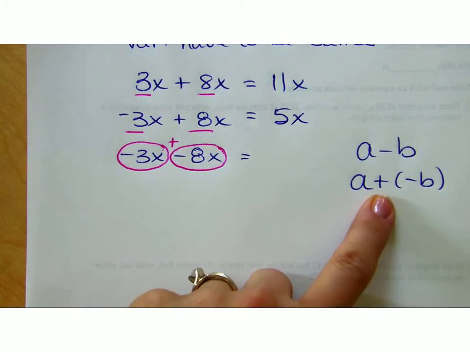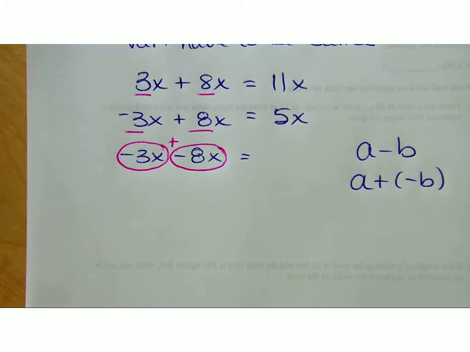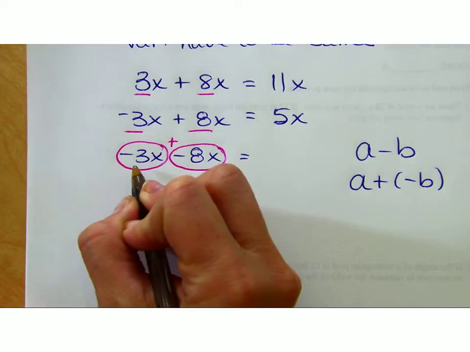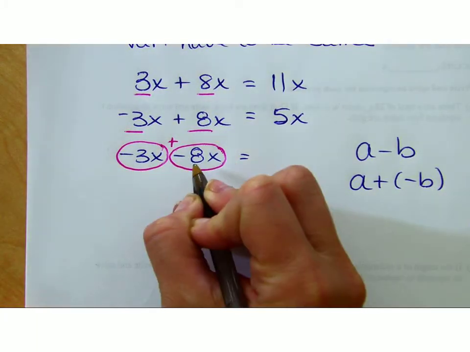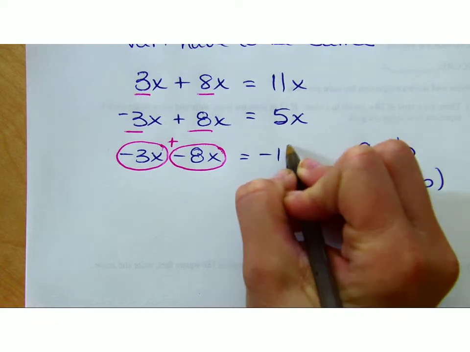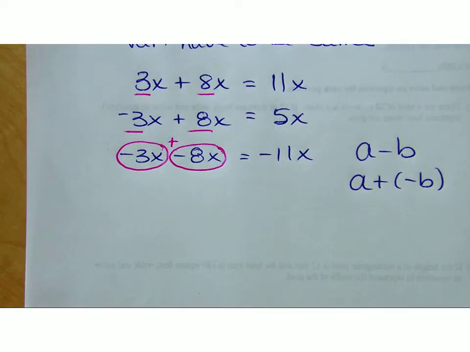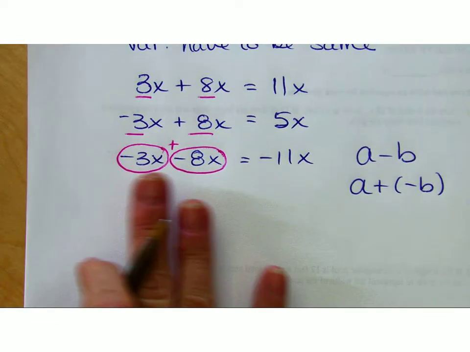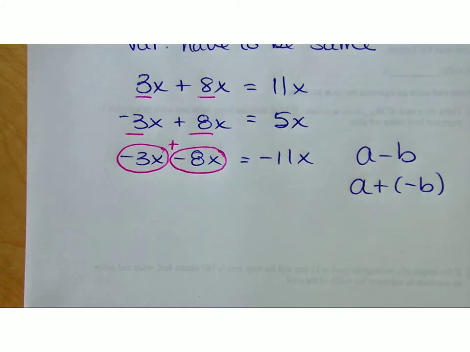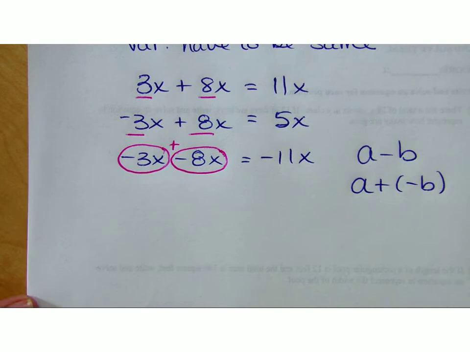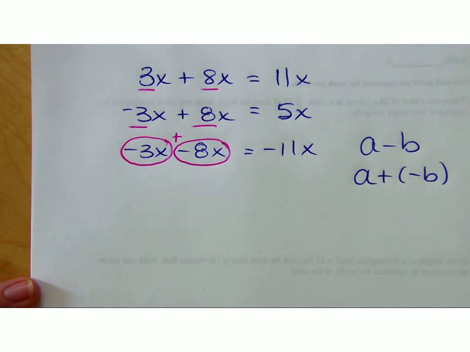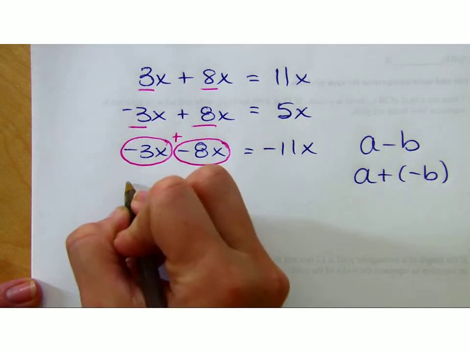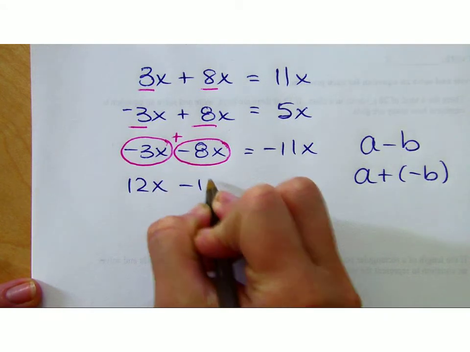Everything is at least defined as addition. Sometimes you have to subtract, but it's defined as addition. So now you know that a negative 3x plus 8 more negatives gives you a negative 11x. Are you with me? So when you have negatives and you add more negatives, it's called the add and keep rule, right? Okay?